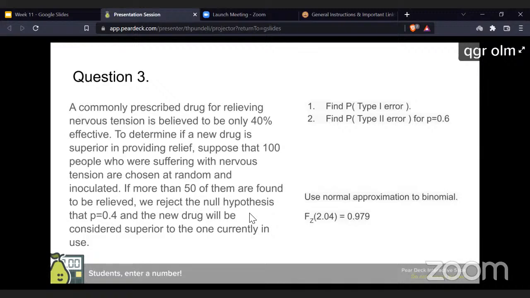But then what is the chance that it is superior to the previous drug? It is possible that it may not be as effective as the previous one. Then if we are rejecting null, we are again making a mistake there. So that probability, that is alpha, you should try to make as low as possible. If you take 30, you get your alpha too high, but we don't want it.